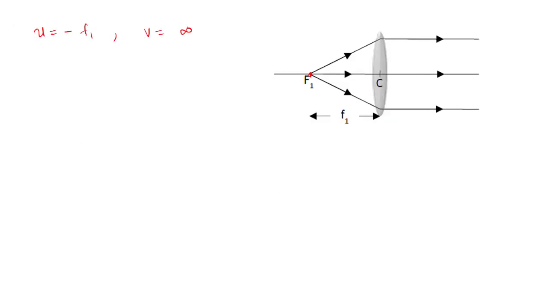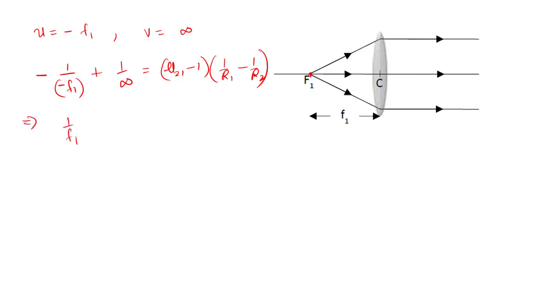Then we get 1 by infinity minus 1 by minus f1 equals mu21 minus 1 times 1 by r1 minus 1 by r2. What do we get? 1 by f1, since 1 by infinity is 0, equals mu21 minus 1 times 1 by r1 minus 1 by r2.